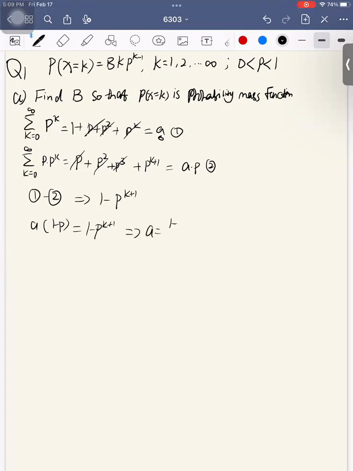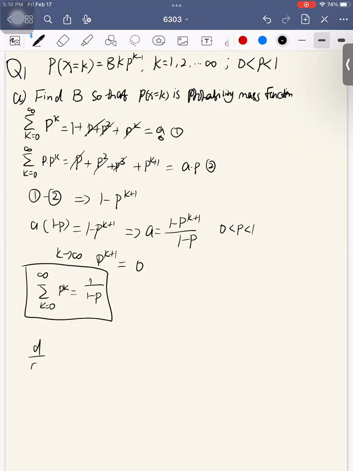It looks like this. Since we already know p is in this range, and when k is approaching infinity, we can say p^(k+1) is equal to 0. So here we can say the sum of p^k from 0 to infinity looks like this.